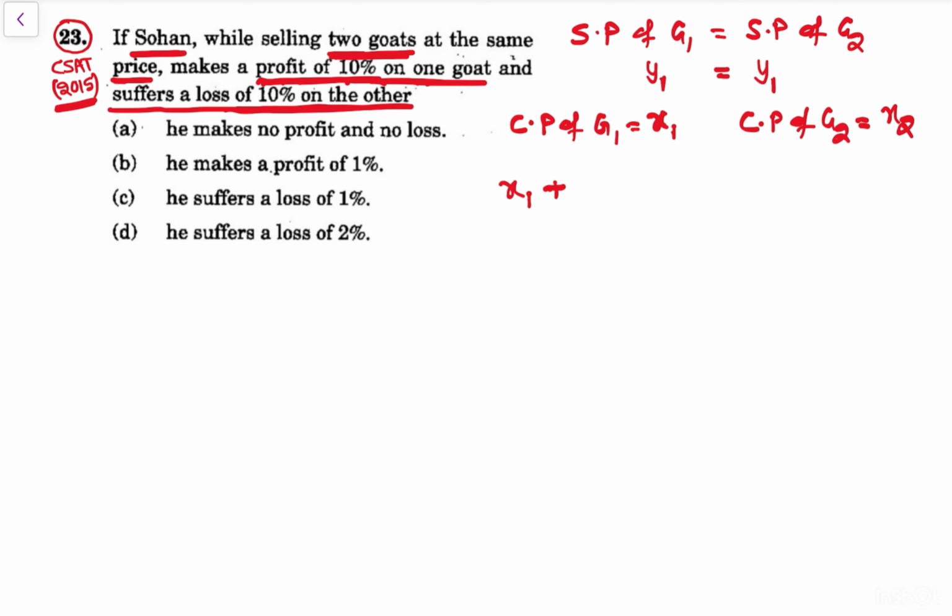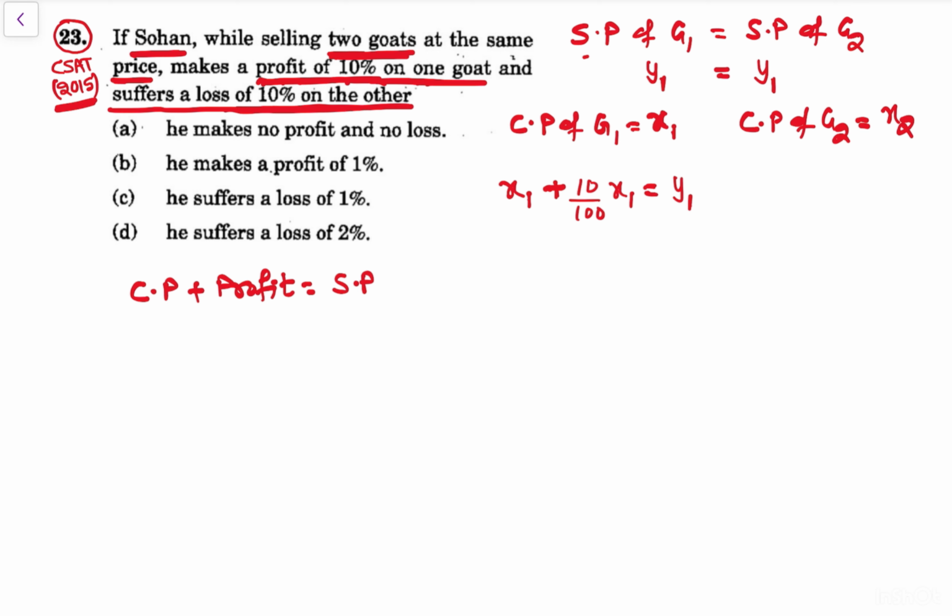x1 plus 10%, that is 10 by 100 of x1, is equal to SP of goat 1, right? See, that is what basically we know. Okay, CP plus profit is equal to SP.